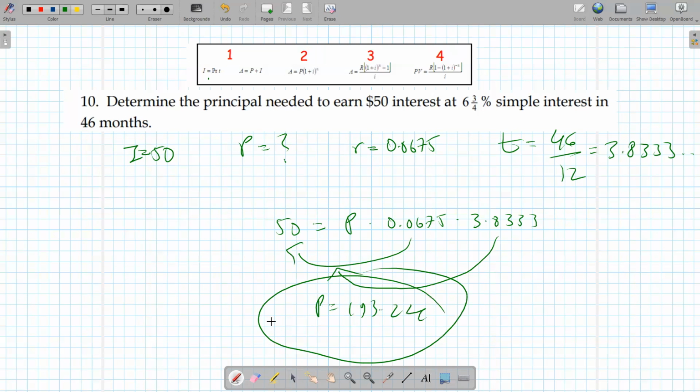193.24, okay? What's the final amount after 46 months? How much is in the bank? Do you subtract 50?